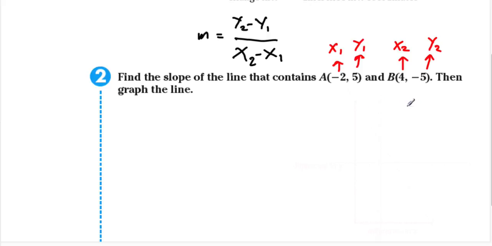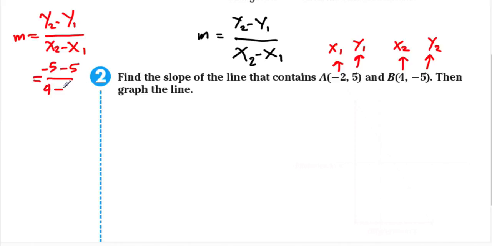And if we follow the formula for slope, which is m is equal to y sub 2 minus y sub 1 all over x sub 2 minus x sub 1, and we substitute the values: y sub 2 is negative 5 minus y sub 1, which is 5, all over x sub 2, which is 4, minus x sub 1, which is negative 2. Okay, that will be our slope.